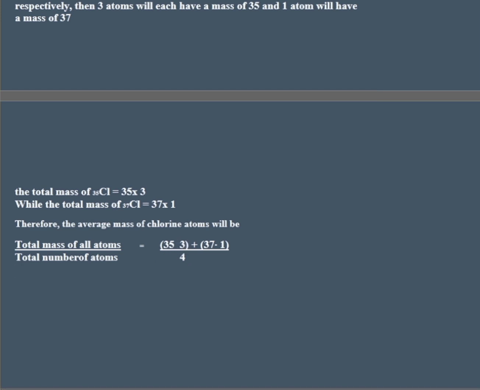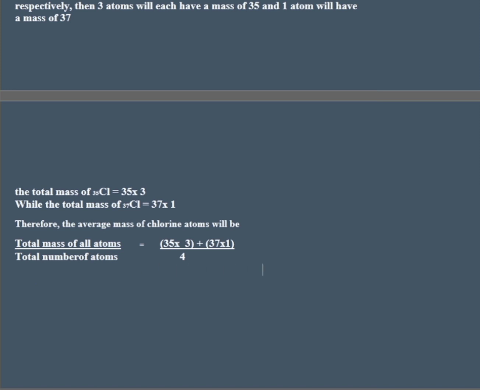Here we are multiplying 35 by 3, then adding 37 multiplied by 1. Then we are dividing by the total number of atoms, which is 4, to have our relative atomic mass.